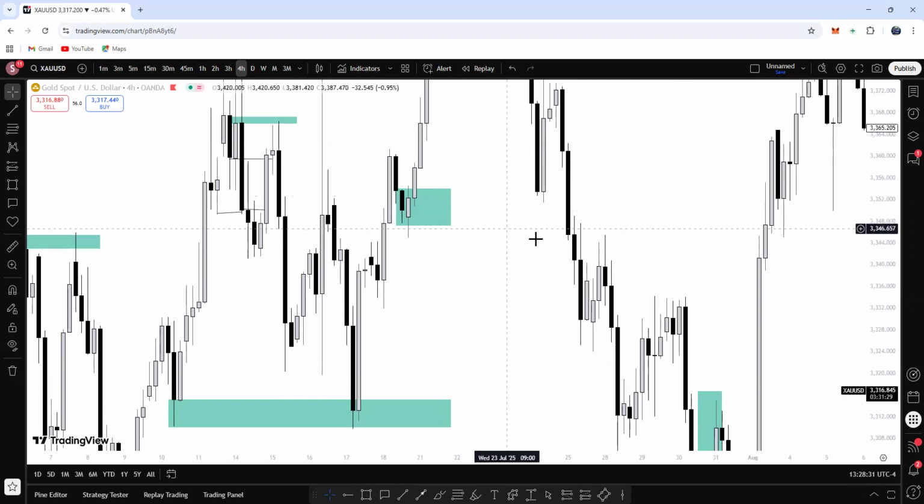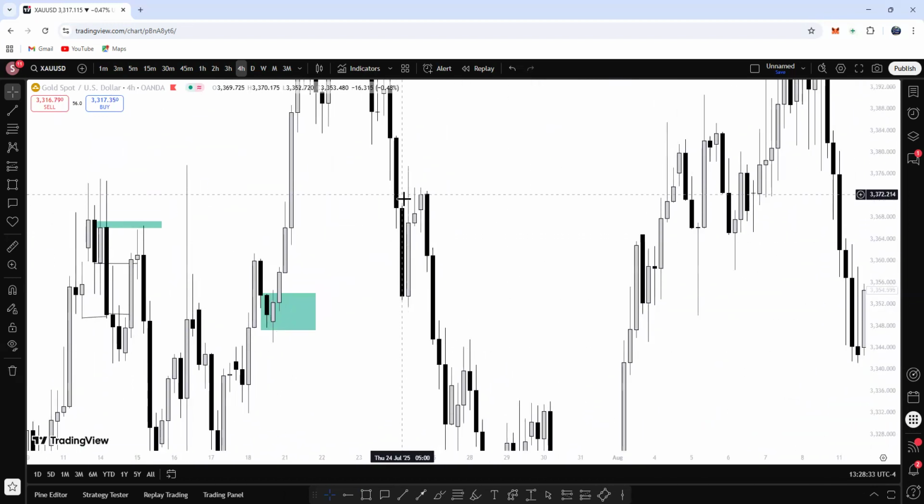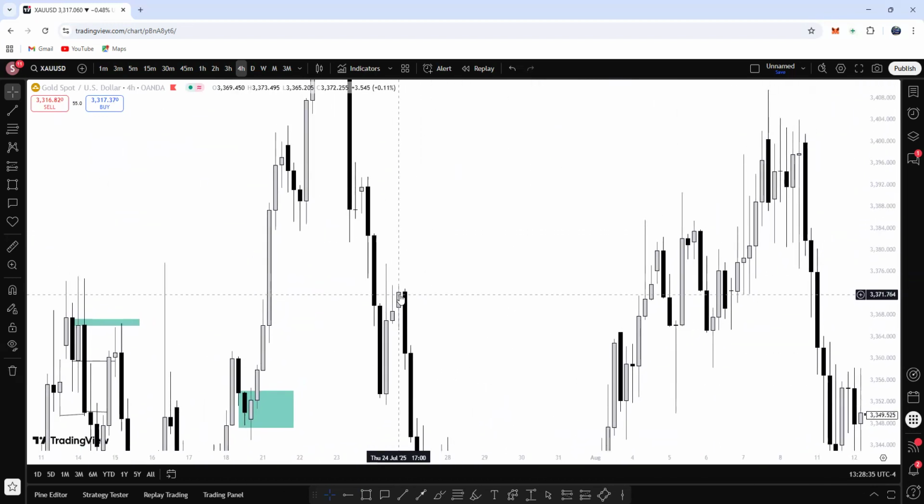So a lot where you see two opposite candles formed and make a reversal, that is classic SNR. This one is classic SNR also. This is also classic SNR.